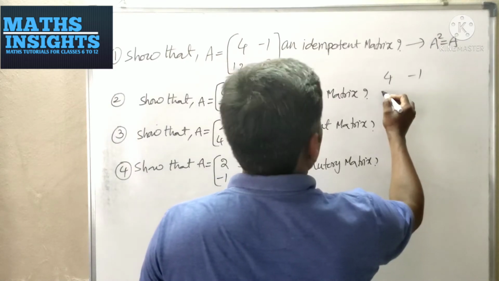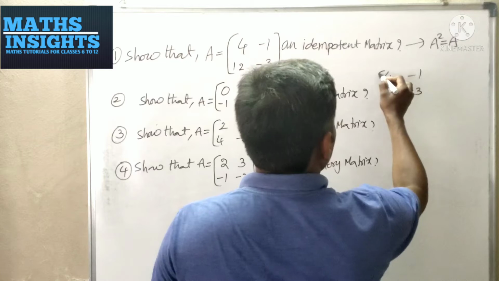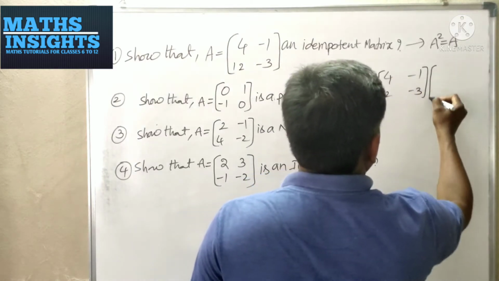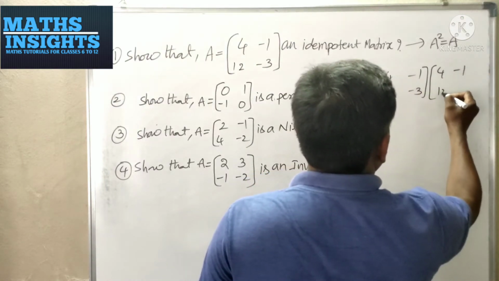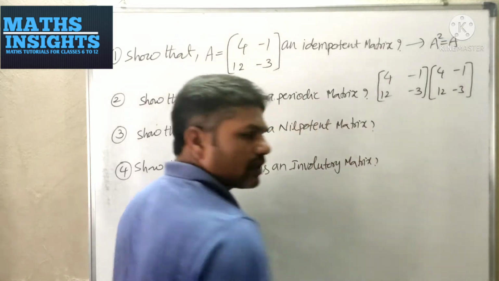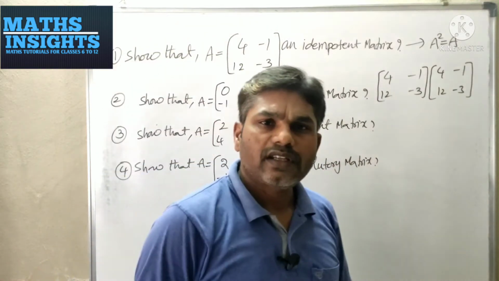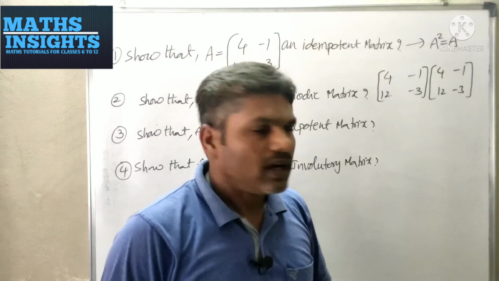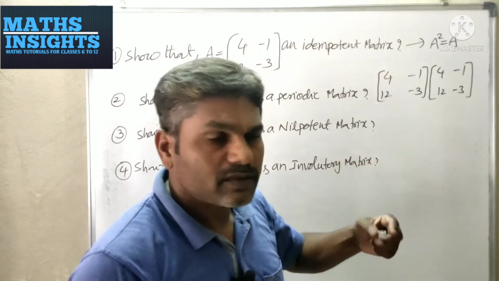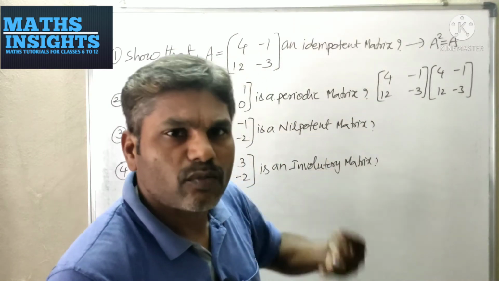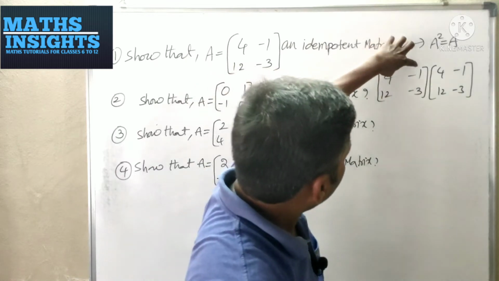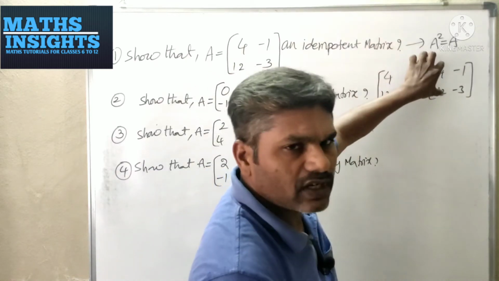4 minus 1, 12 minus 3, and 4 minus 1, 12 minus 3. This is matrix multiplication. I made a separate video on how to multiply 2 matrices, but I am doing this now without more explanation. You have to multiply the elements of first row with first column.